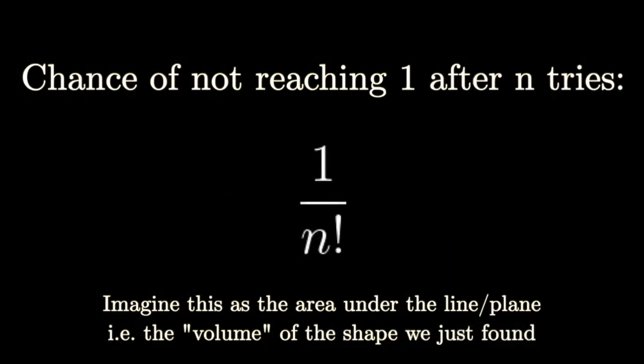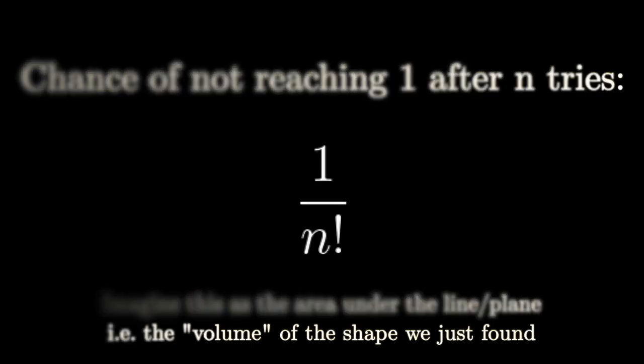Okay, great. How do we actually interpret this in the context of the problem then? Well, it's essentially telling us that at any given number of tries, n, there is a 1 over n factorial chance that after that nth try, the total has still not exceeded 1. But what we want actually is the chance that it succeeds on precisely that nth attempt. To get this, we need to know the chance that it fails on every try before.